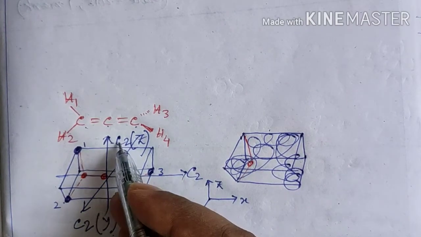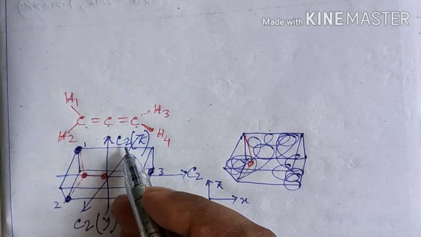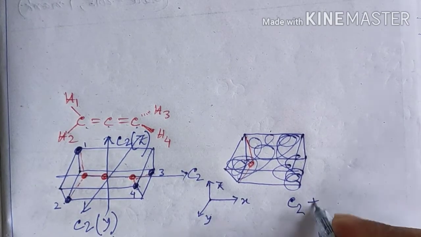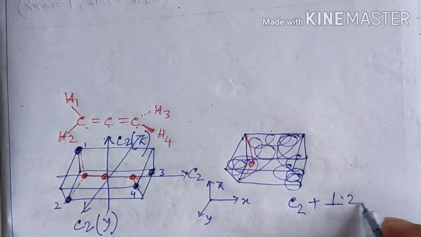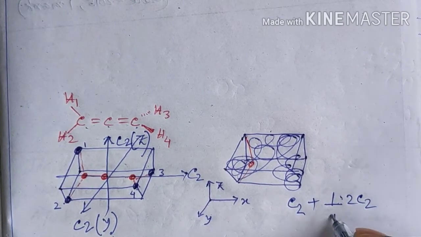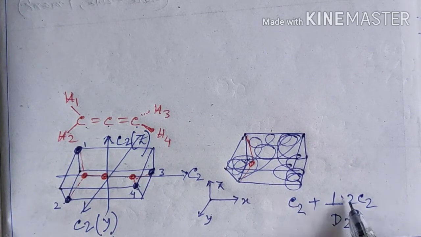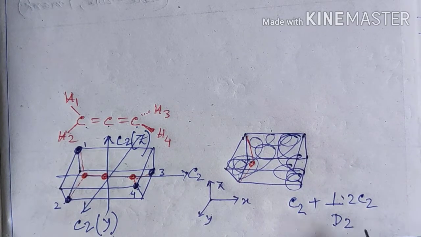That means there is another perpendicular C2 axis. That means one C2 and its perpendicular 2 C2. For this D2, since Cn plus nC2 means Dn.